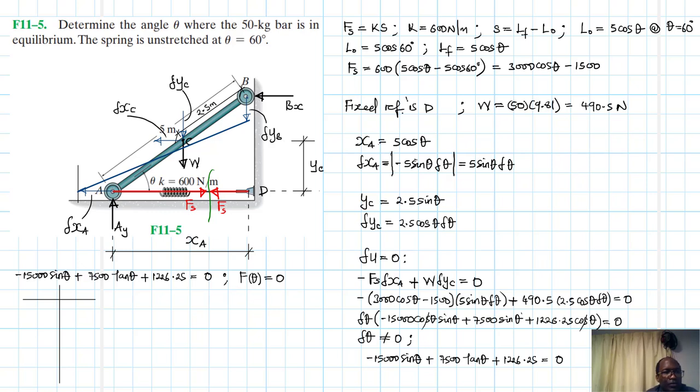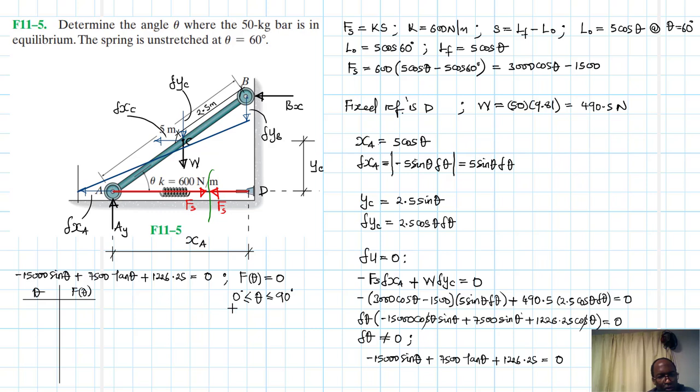Our interval for theta, we are saying the domain for theta is from 0 to 90 degrees. So there we go. We have theta there, and then we have this function of theta.